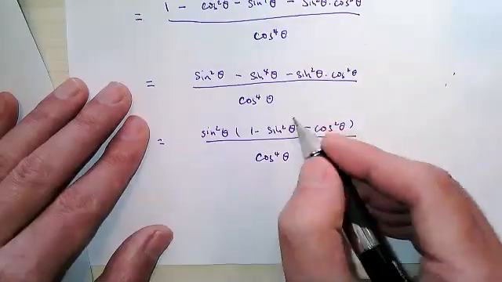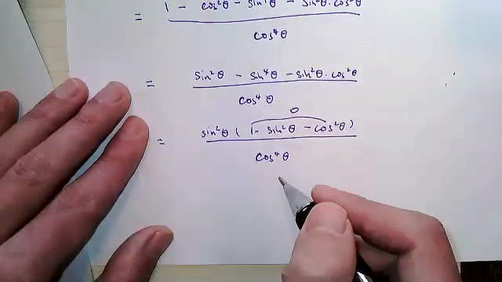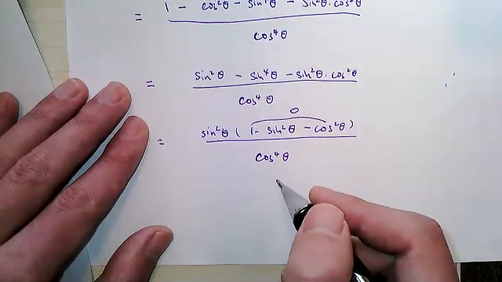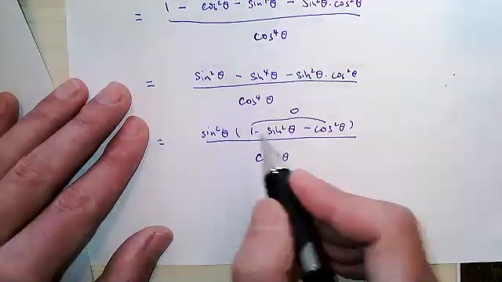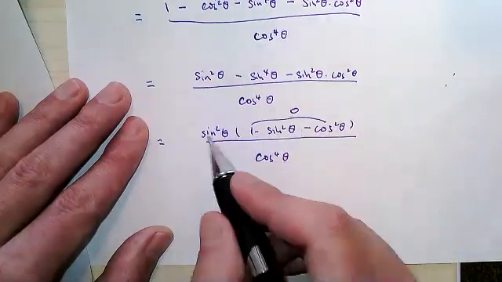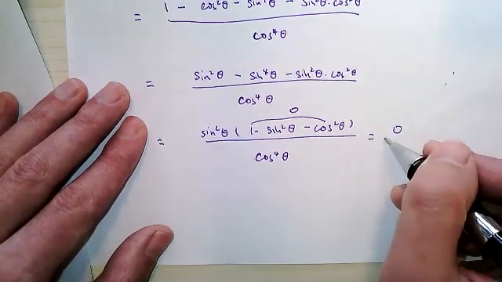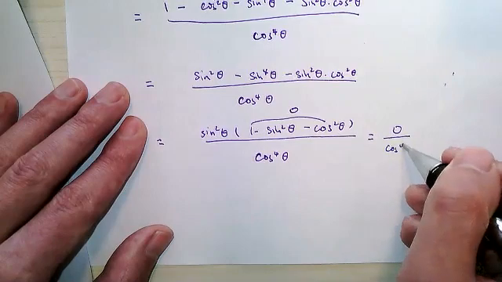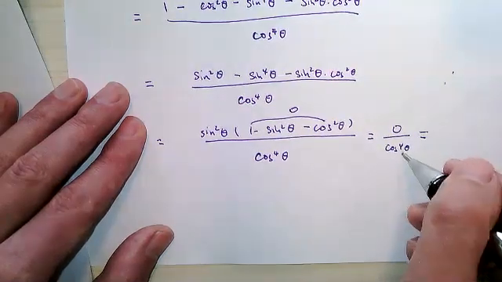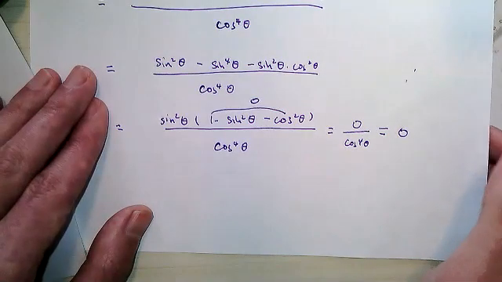So what do we get for this part? 0, right? Cosine squared minus cosine squared gives you 0. So 0 times this guy eventually gives you 0 over cosine 4th, which gives you 0. This is your final answer.